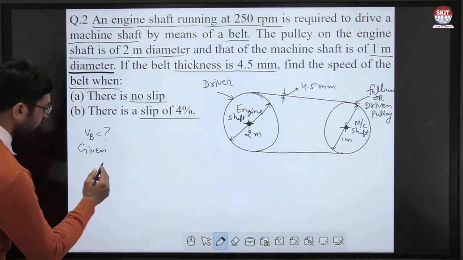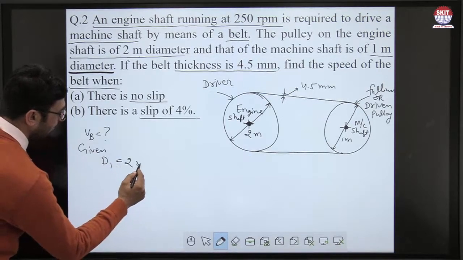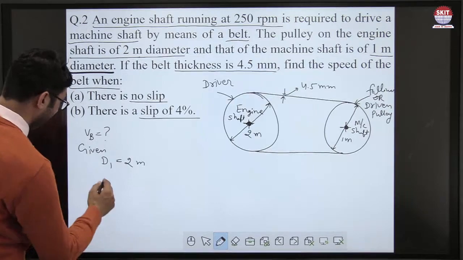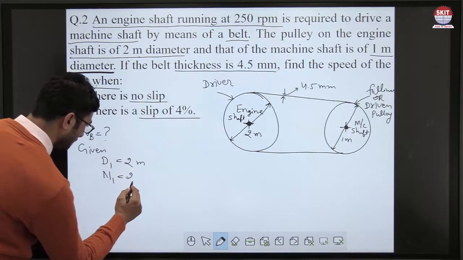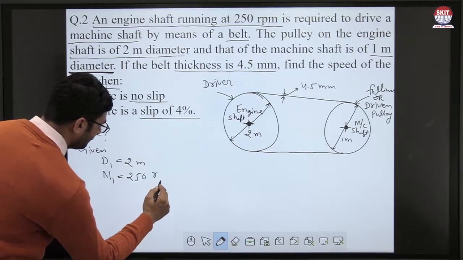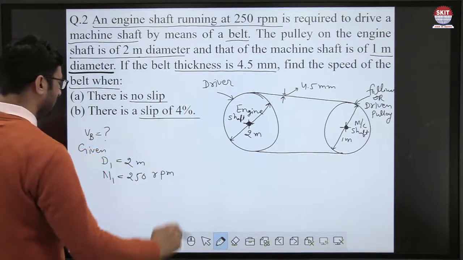So D1 equal to 2 meter and N1 equal to 250 rpm, because this is the driver.